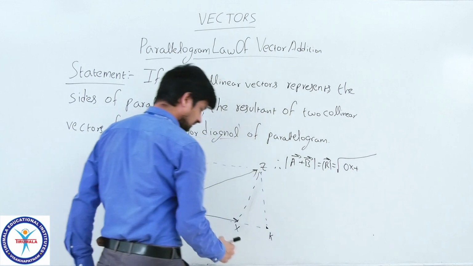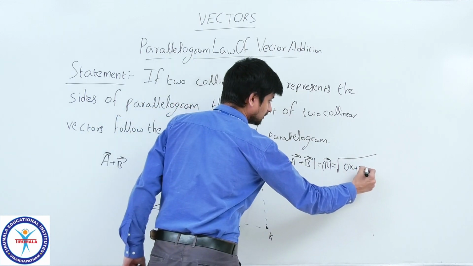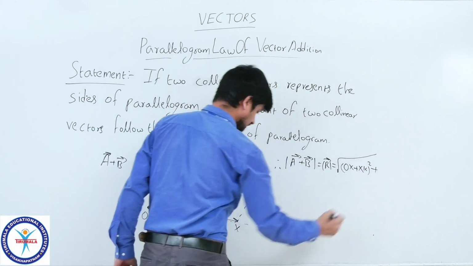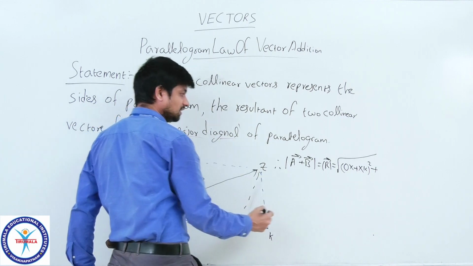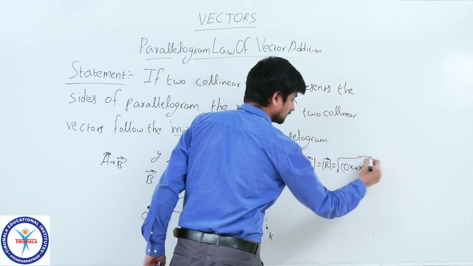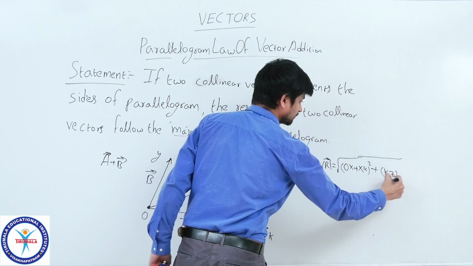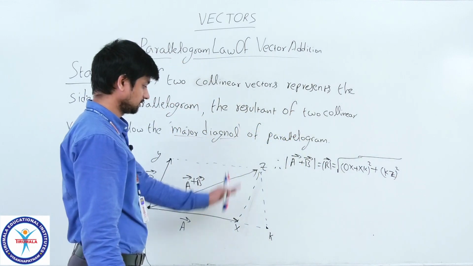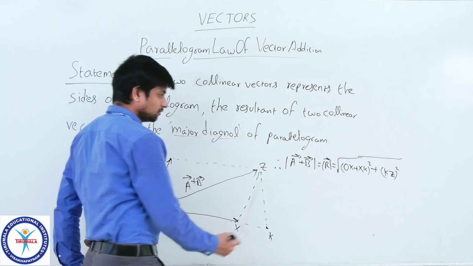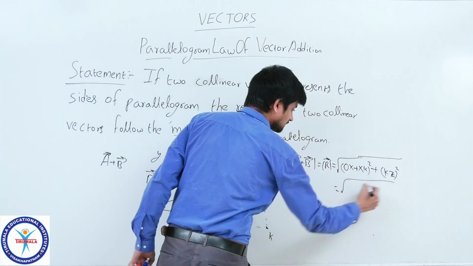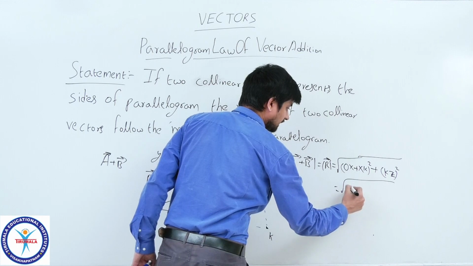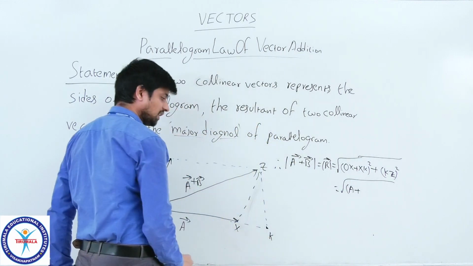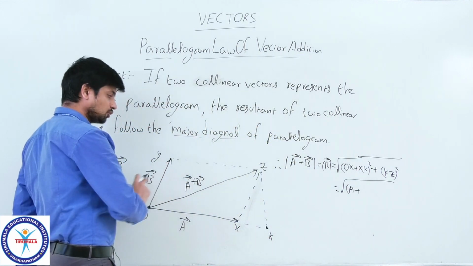OX plus XK whole square plus KZ whole square. But OX value is simply A, XK value, if you want, is the OY value B, right?